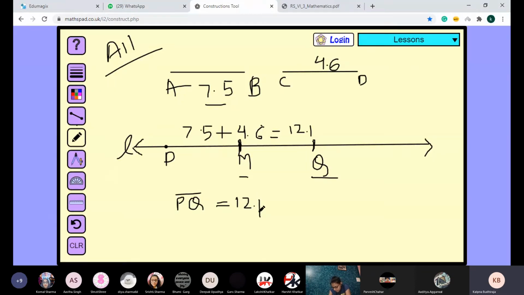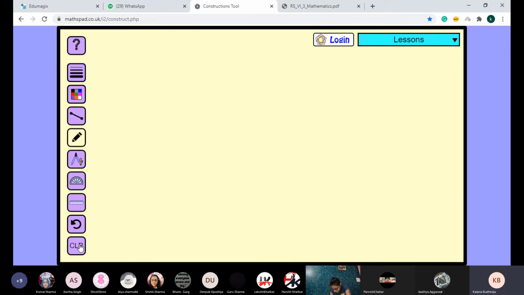Now the next one is XY. For the second part, look beta: XY is of length equal to the difference of the lengths AB and CD. Now I am explaining the B part.